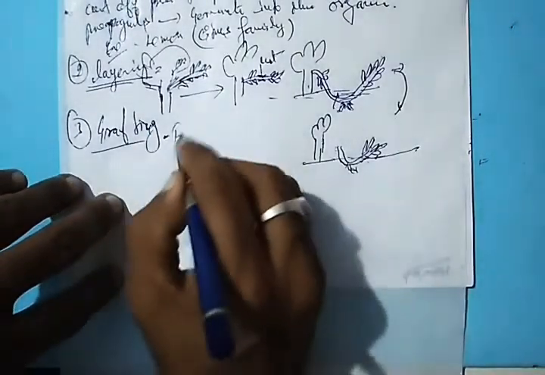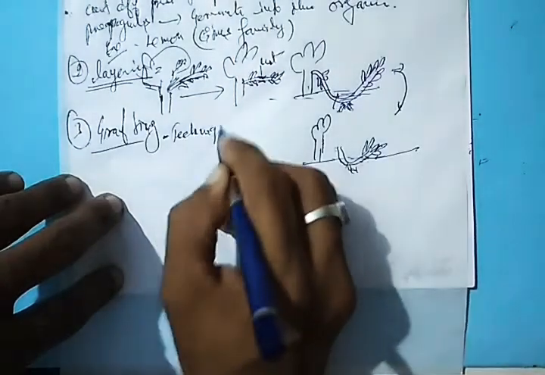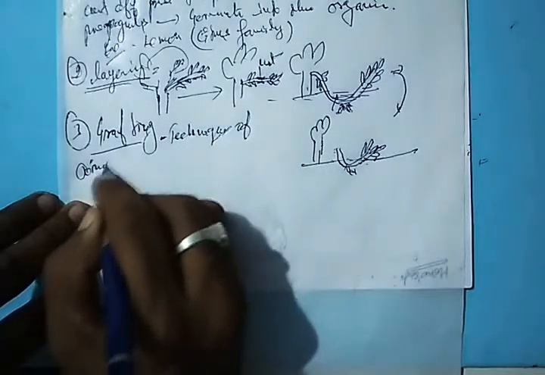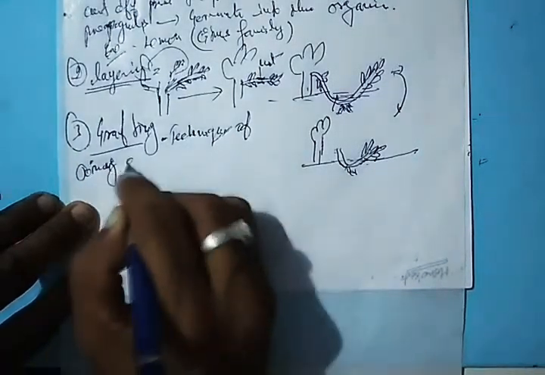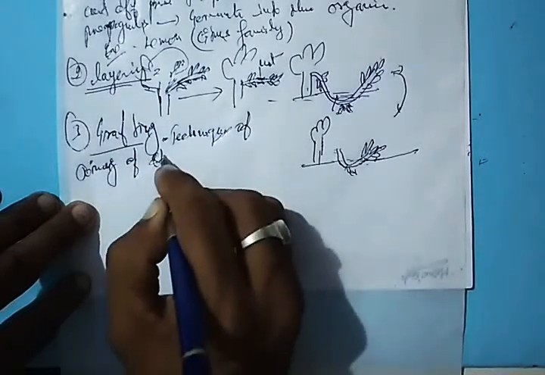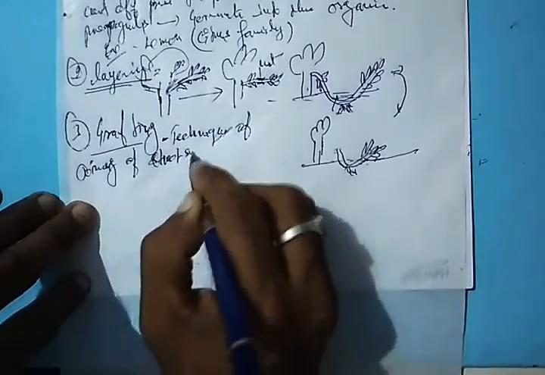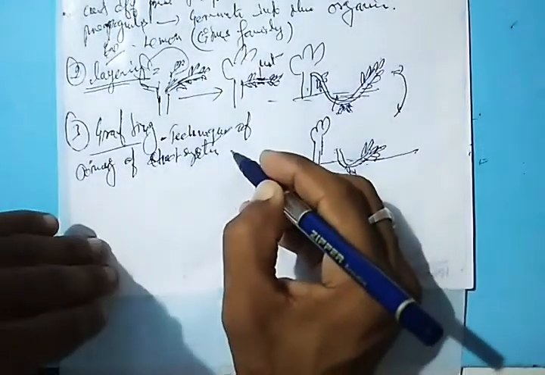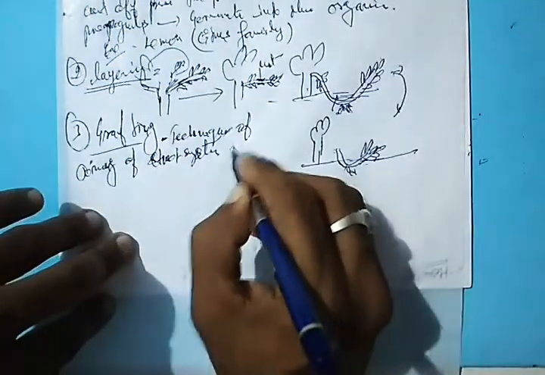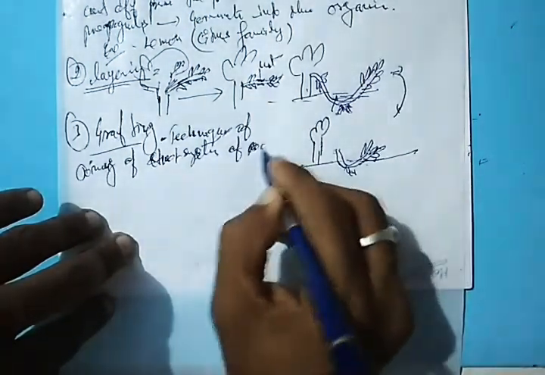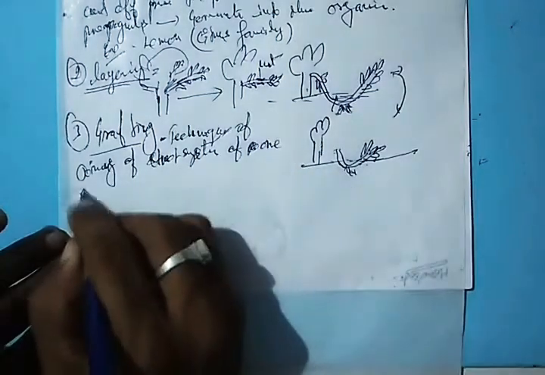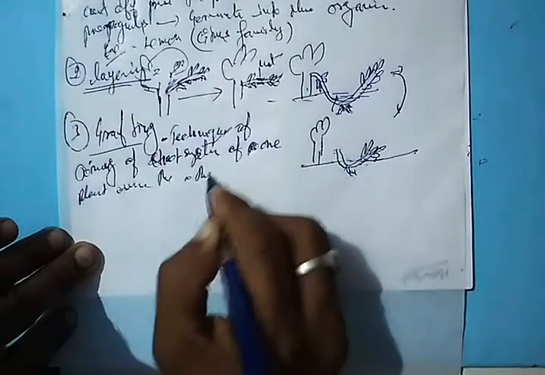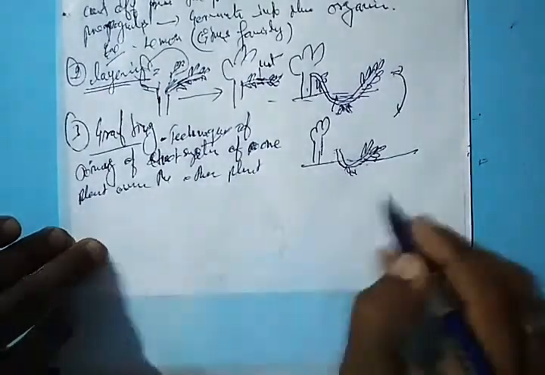It is the technique of joining the shoot system of one plant over the root system of another plant, something like this.